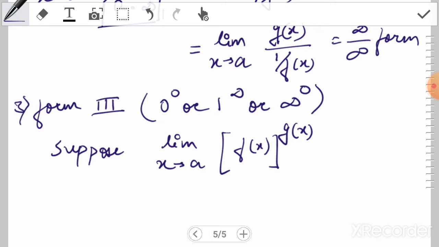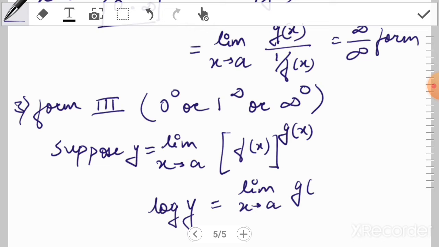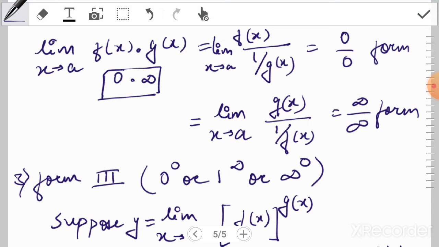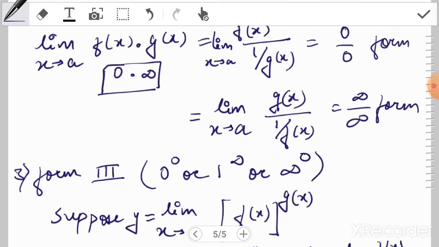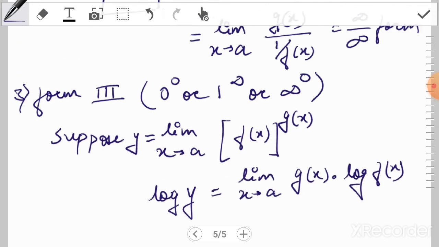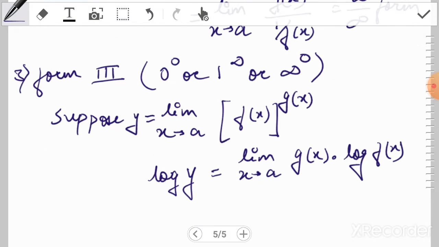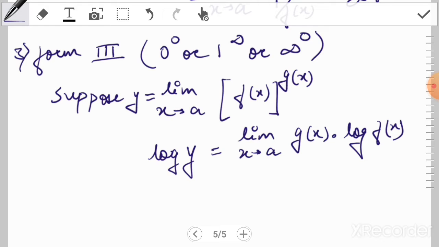Now taking log on both sides, if this is y, then log y is equal to the limit as x tends to a of g(x) log f(x). Okay, so now this is in the form 0 into infinity. So you can convert this into 0 by 0 form or infinity by infinity form. Then you can use L'Hospital's rule.